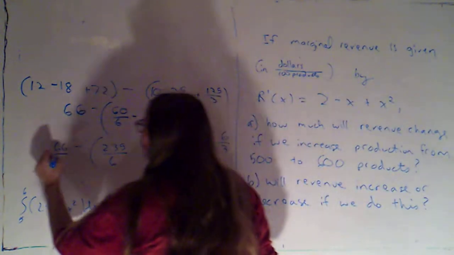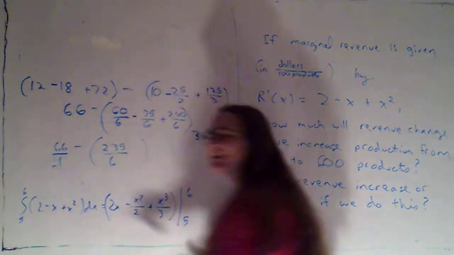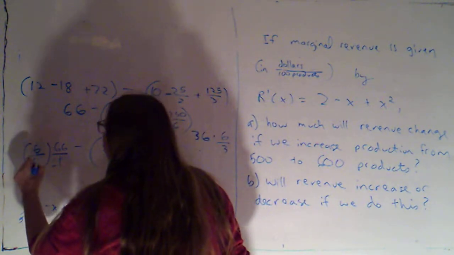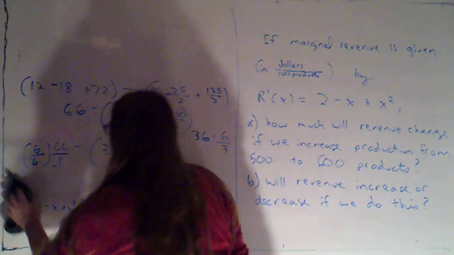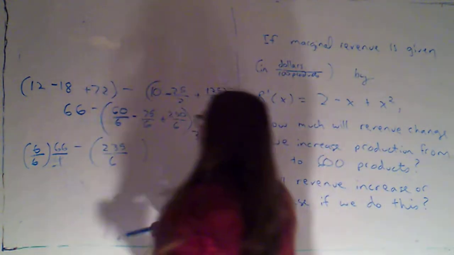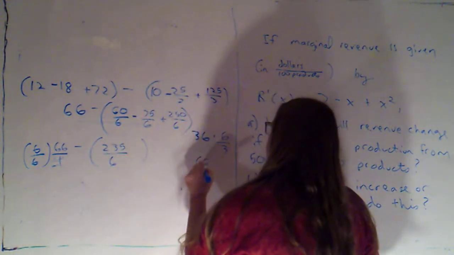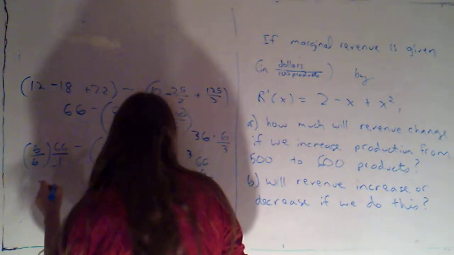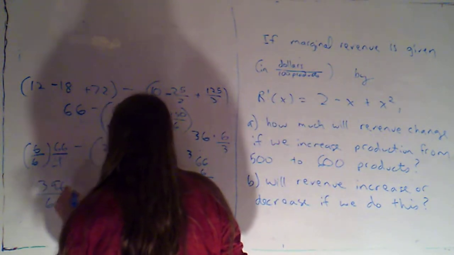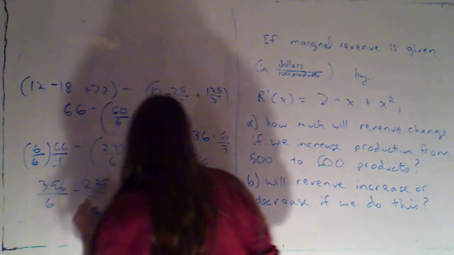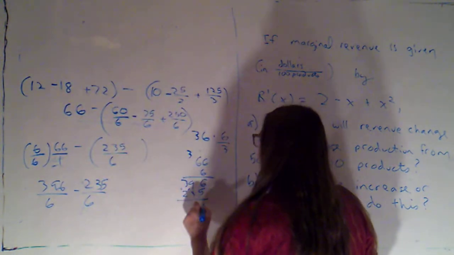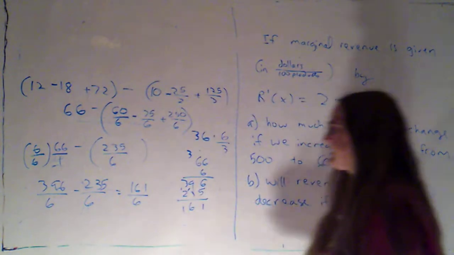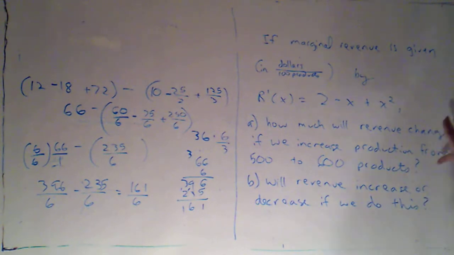So let's get ourselves a common denominator here. Right now that 66 is over 1, so I'll multiply by 1 in the form of 6 sixths. Okay, 66 times 6. So I'm getting 396 sixths minus 235 sixths. That is 161 sixths.